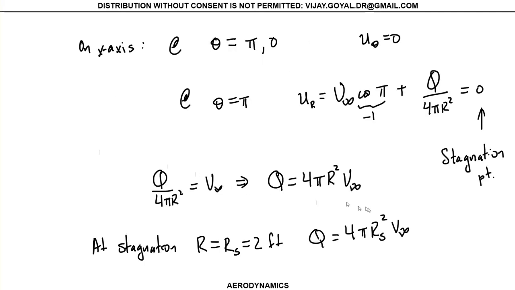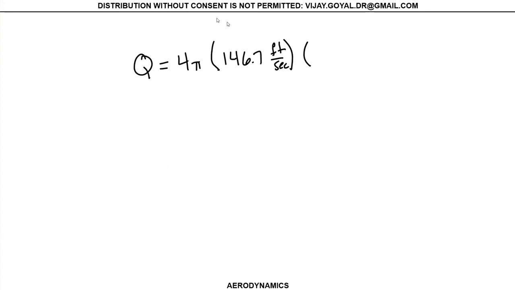So if I replace the values now, your source then becomes 4 pi times 146.7 feet per second times RS squared. This is 2 feet squared.